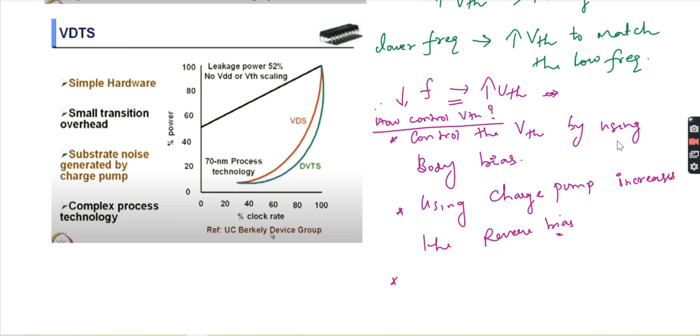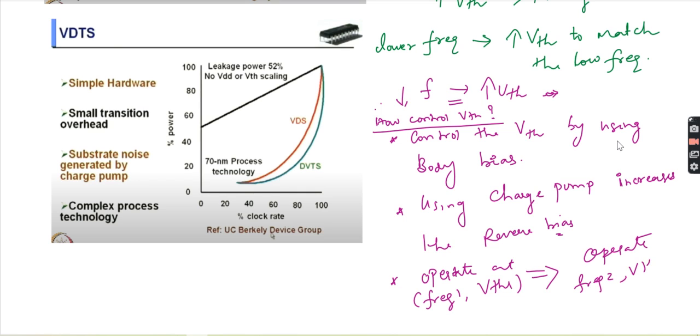The next thing is we can operate with two different frequencies also. Operate at frequency 1 with threshold voltage 1, then operate at frequency 2 with VTH 2, threshold voltage 2.